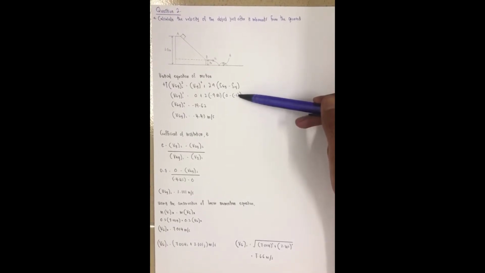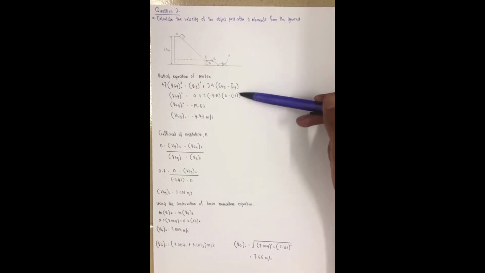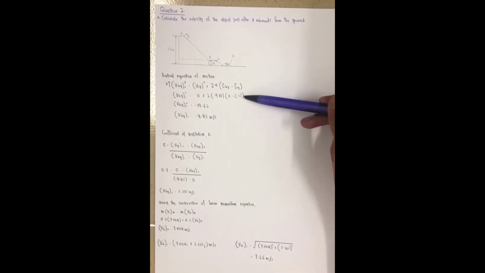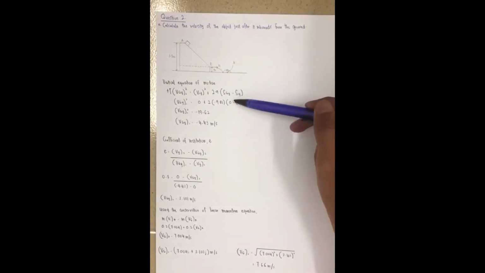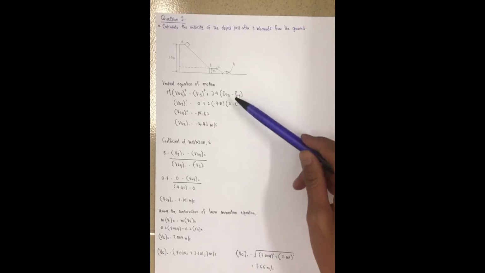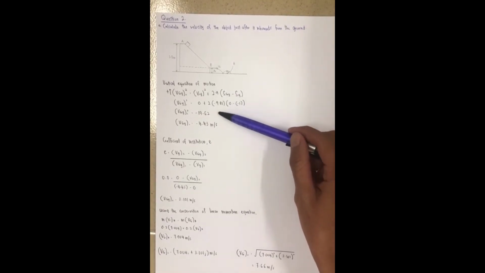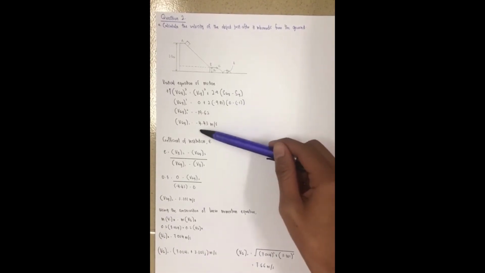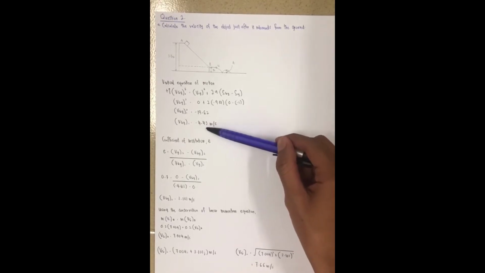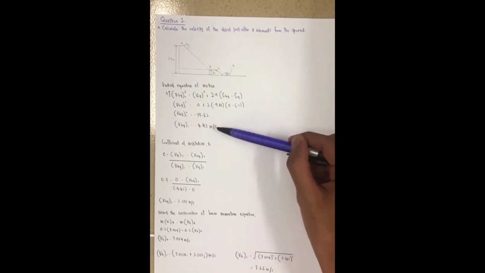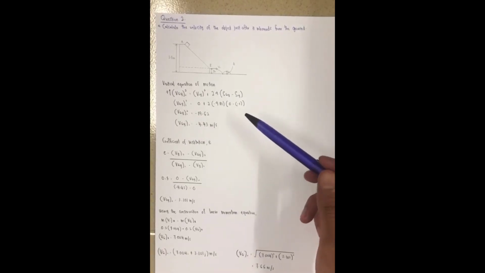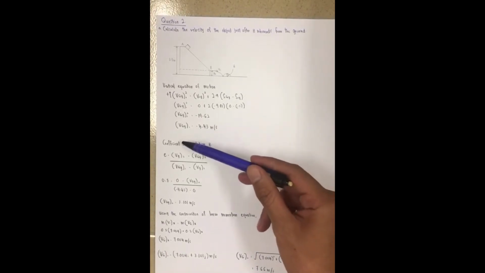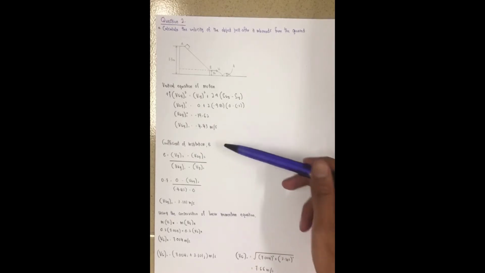It is negative because the ball moved downward to the ground, opposite of our assumption here. So the value for VGY1 is negative 4.43 meters per second.